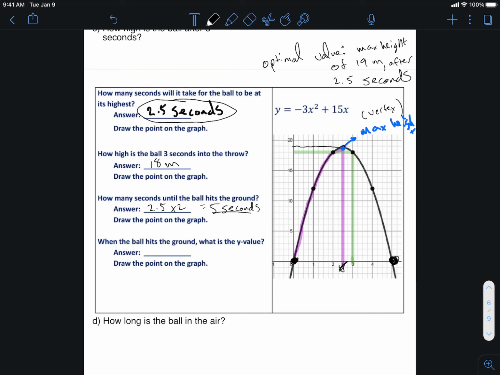Okay? And the last question here is, when the ball hits the ground, what's the y value, or its height? Well, when it hits the ground, it's at 0. Okay, it has no height now because it's hit the ground.